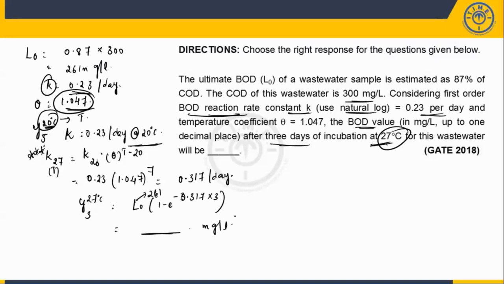Don't make it fast, just make it correct. One thing is sure, the value is less than 261.